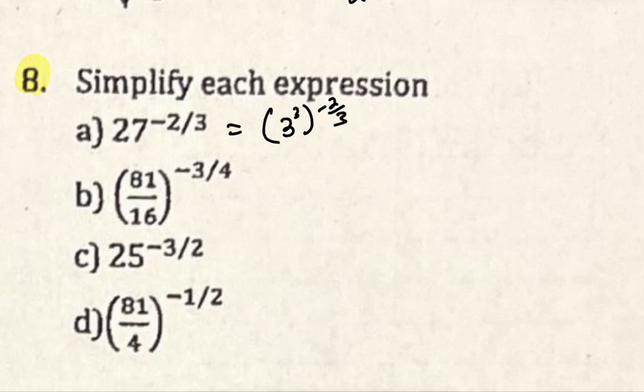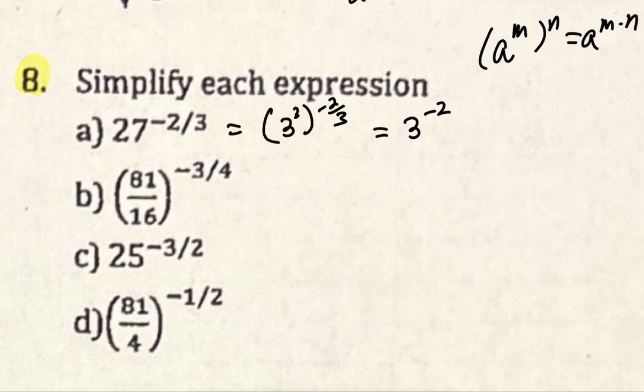That's what we're looking for, because that's really a cube root of a cube thing. If we have a power to a power, we actually multiply those. And to multiply a 3 by a negative 2/3, the 3's cancel. And so we're just left with that, because the 3's are going to cancel, which is great, okay?